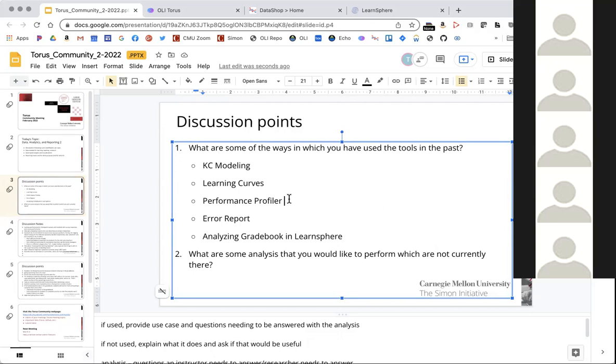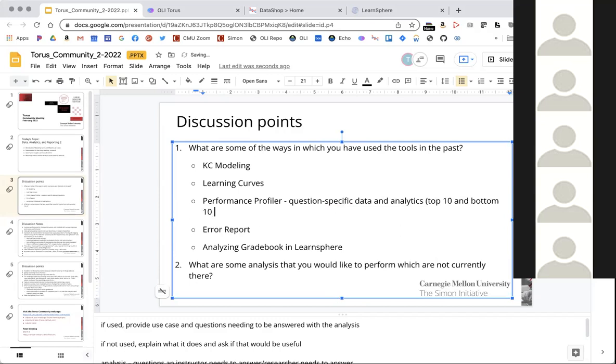Yeah, that's correct. Okay, so for those of you who don't know, it's question-specific data and analytics. They can view the top 10 performing questions within the course, or the bottom 10 performing questions, based on student performance.